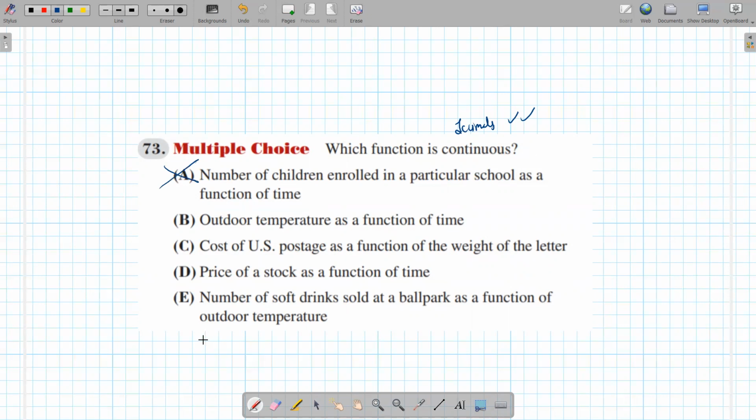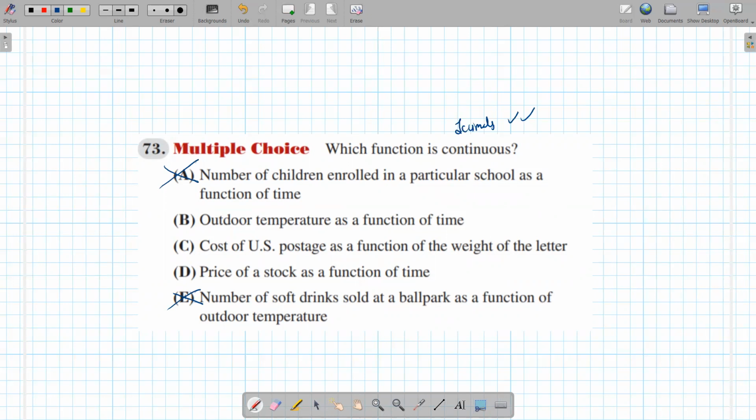Yeah. So outdoor temperature as a function of time. The outdoor temperature function of time, that could be continuous, could it not? Yeah, that could be. Is there only one right answer here? So E is out because it says the number of soft drinks, right? E, number of soft drinks, yeah. That's out. What about B, C, and D?